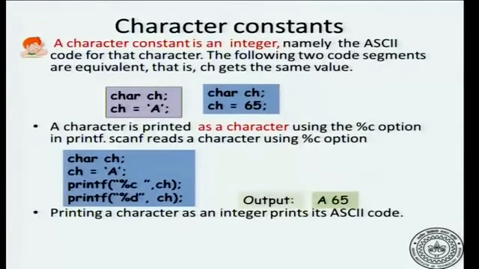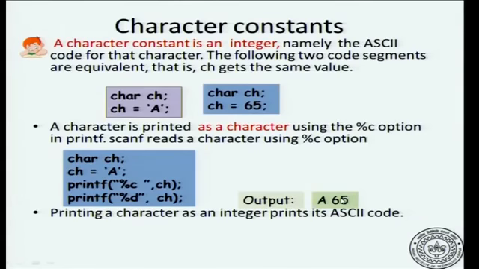This means that the same character can also be interpreted as an integer if you really want to think of it in that way. So, for example, I can say %c with ch in printf, and the first printf will print A. But I could also take a character variable and ask C to print it as an integer using %d.